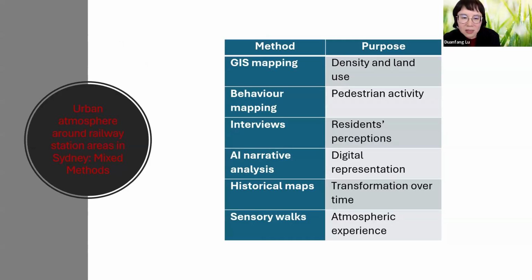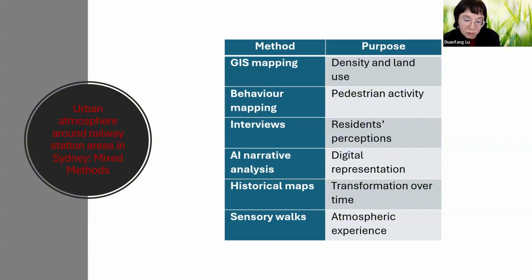It's very common to use a range of methods in your urban design study of a particular project. You might use GIS mapping to illustrate density and land use. You might use behavior mapping to understand pedestrian activity, and you might also use interviews to understand residents' perceptions.